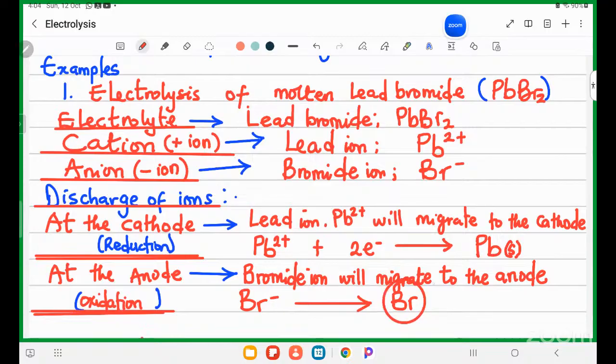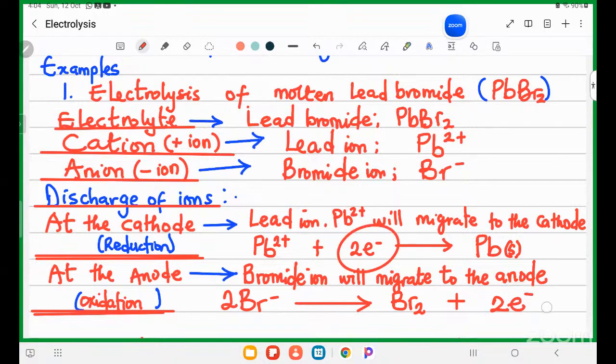You need to put it as a liquid. So you have to put 2. So because of that 2, you need to balance this to put 2 here as well. That is why it is losing 2 electrons. So this is losing 2 electrons, while this is gaining the 2 electrons.